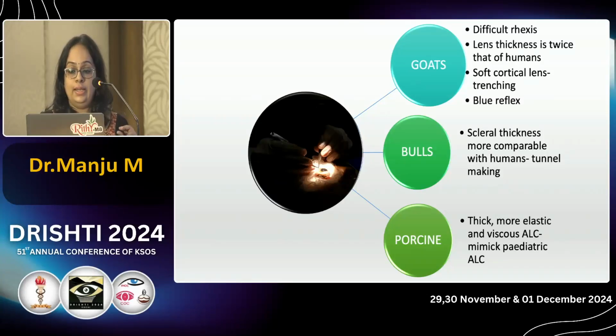Soft cortical lens for the trenching, and there is always a blue reflex. Bull's eye sclera thickness is more comparable to humans, so bull's eyes are preferred for tunnel making. Porcine eyes are thick, more elastic and viscous, the anterior lens capsule mimicking the pediatric anterior lens capsule.